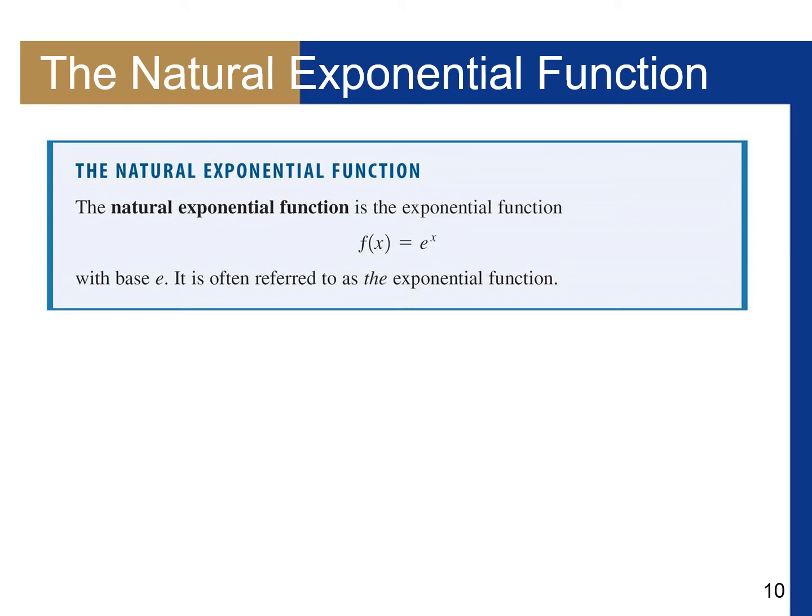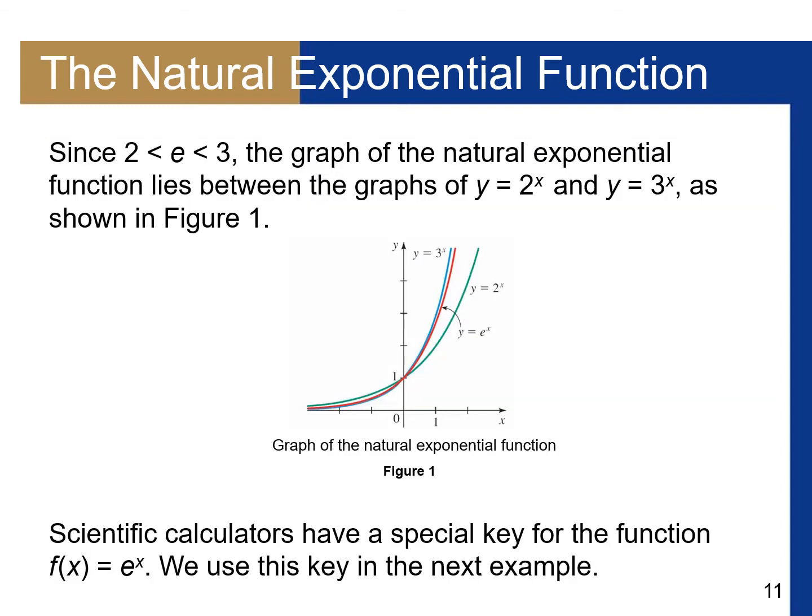So the natural exponential function is f of x equals e to the x. And here we have a graph. We already looked at some of these before, when we looked at y equals 2 to the x, sorry about my crazy circle, and y equals 3 to the x here.